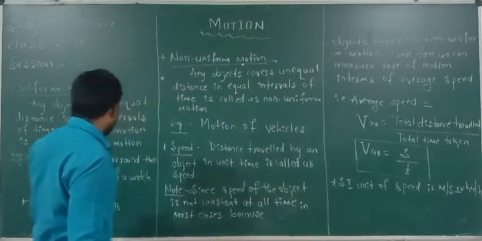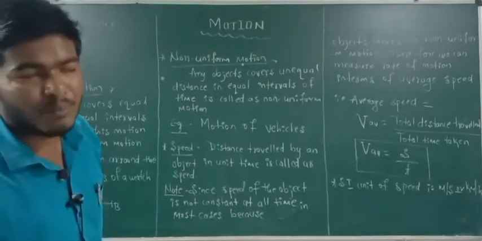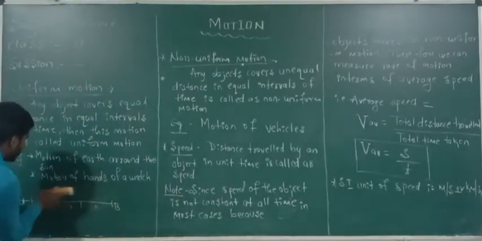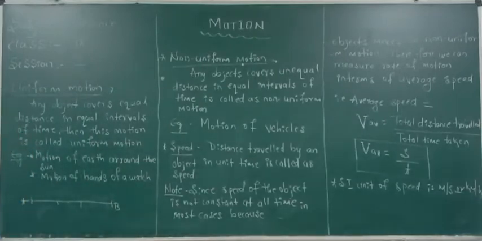For example, again considering here, a car moves from the point A to B. In a non-uniform motion, what happens? The object covers unequal distance in equal intervals of time.